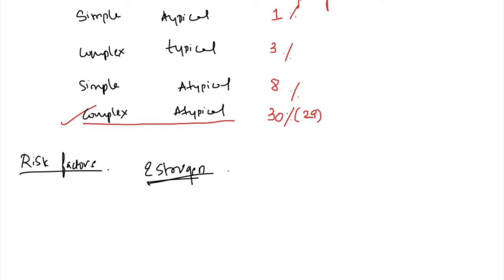That includes conditions like nulliparity, a nulliparous woman. She has never become pregnant, so she has higher estrogen exposure compared to a lady who is pregnant. Hence multiparity will obviously be a protective factor. Then it could be things like delayed or late menopause.